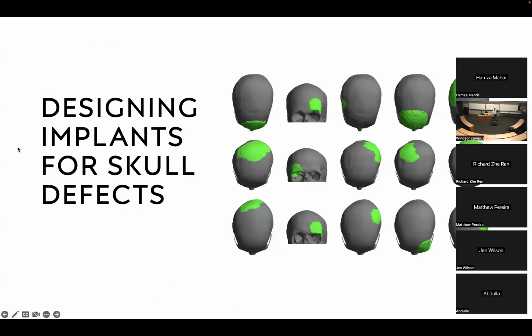So another example of AI in medicine is this project I actually worked on in the past. We had CT scans of people with skull trauma. So the gray part is the intact part, and the green part here is actually implants that were designed by an AI that we trained in-house.